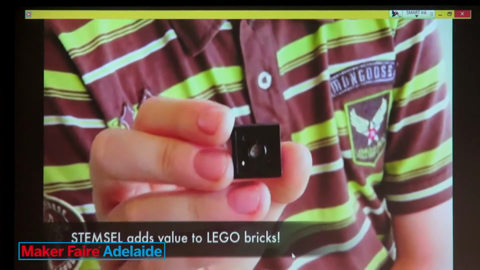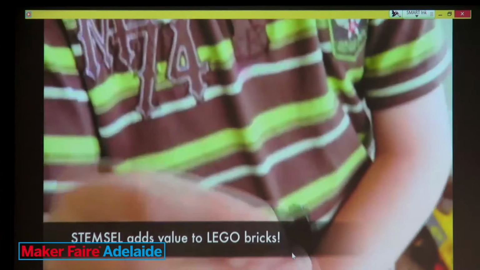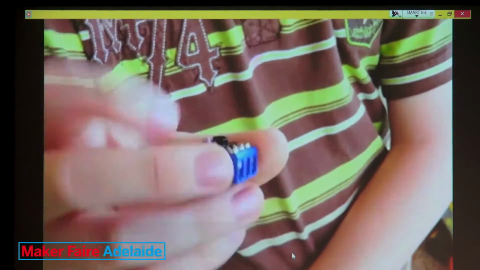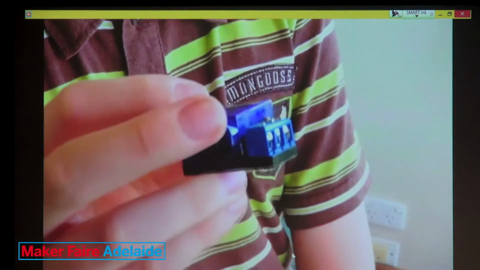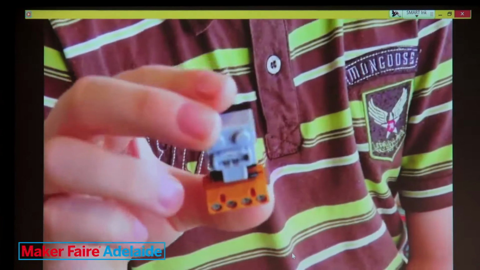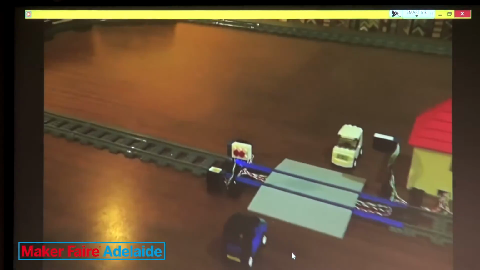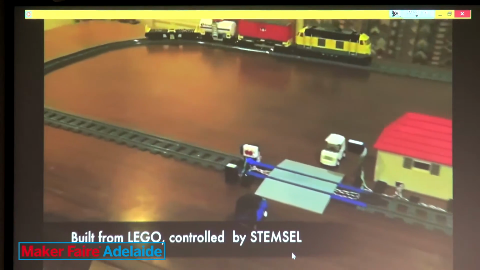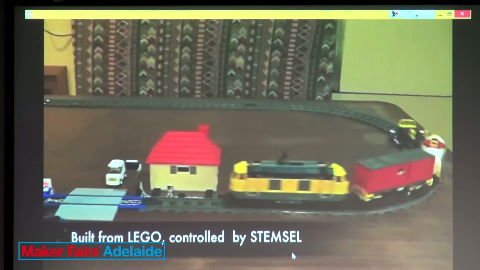To include a stem cell microprocessor into Lego projects, we have modified Lego bricks to include light-dependent resistors, LEDs, and servo motors, as well as connectors to allow us to control Lego motors with a stem cell board. A few months ago we started by using those modified bricks to build a train set with a working train crossing controlled by a microprocessor.